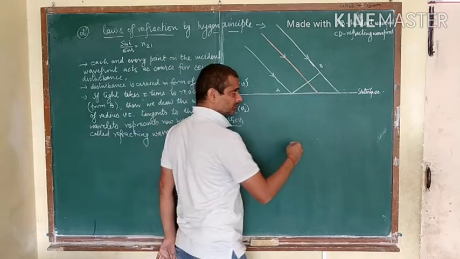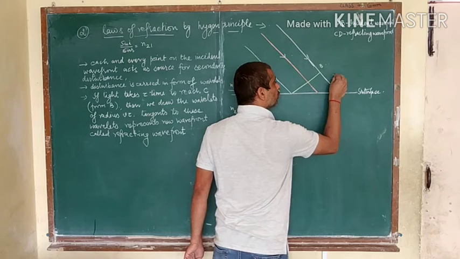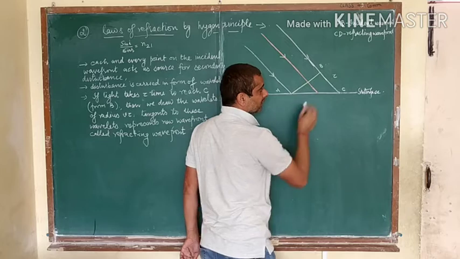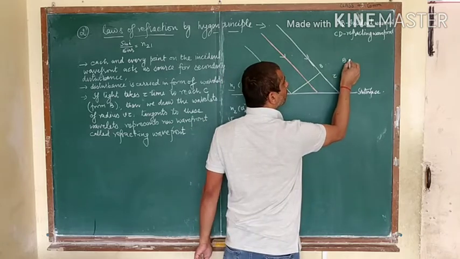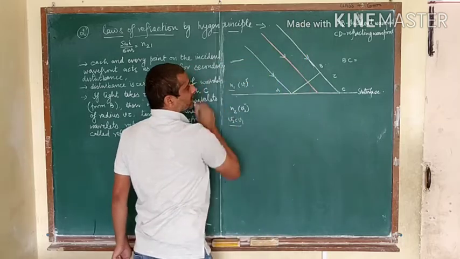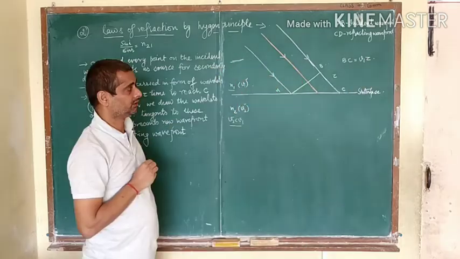Let us suppose the light takes time tau to reach from B to C. I take this point as C. Then this BC distance will be equal to, if the velocity in this medium is v1, v1 into tau.